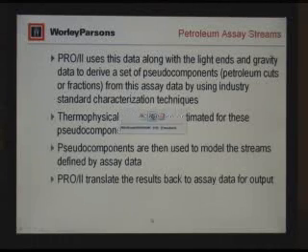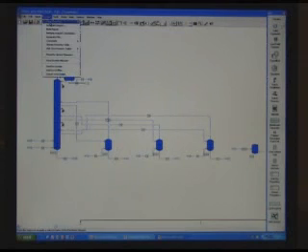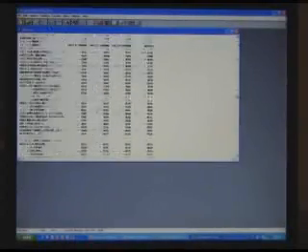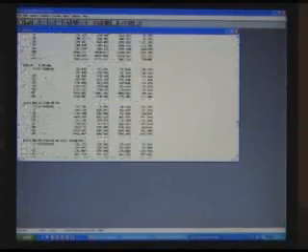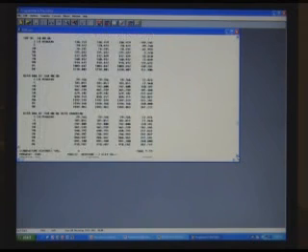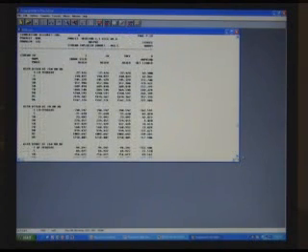Oh, the assay's translating back. So if I were to look at the output, let me just generate it. Scroll it all the way down. You will see a set of numbers that look like this. So your feed, it will generate a TBP curve for you at different pressures, and D86 at different pressures, then D1160, then D2887.